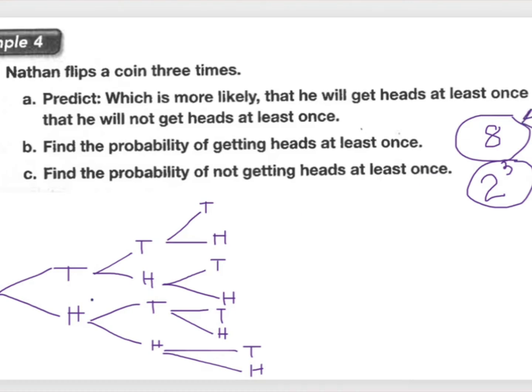Okay, so here we end up with tail, tail, tail, and then tail, tail, head, and then tail, head, tail, and then tail, head, head. Now I want you to understand this.